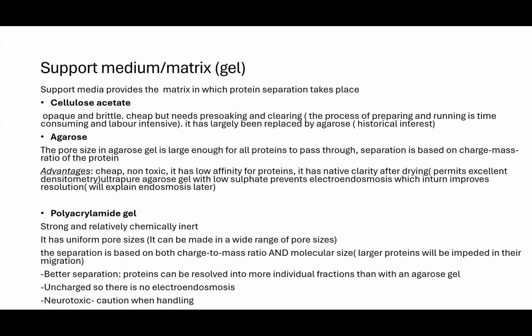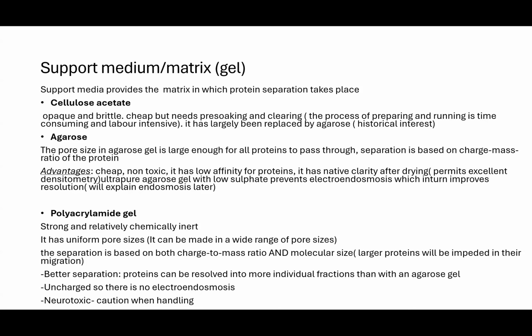And then there is an issue with gel electrophoresis. One of the issues is electroendosmosis flow, which I talk about in the future slides. But basically, there are some low quality agarose gels that have very high sulfate, and that causes an electroendosmosis problem, which affects the resolution of the bands.